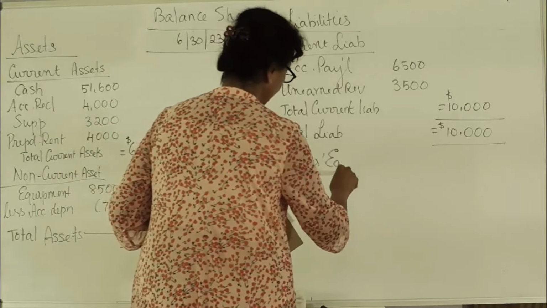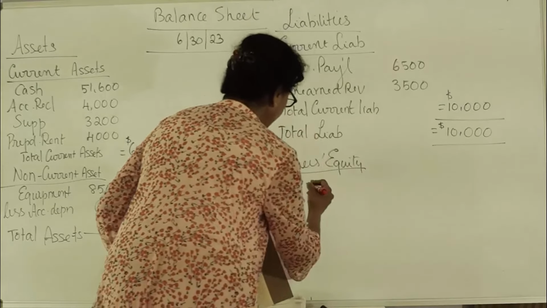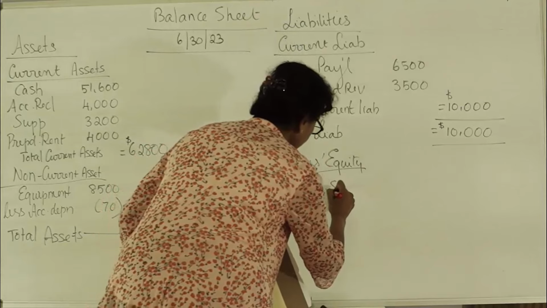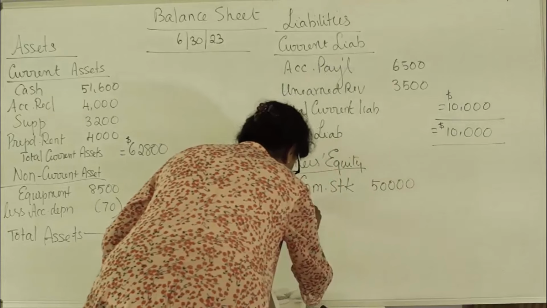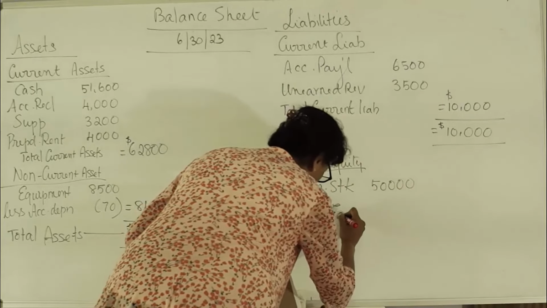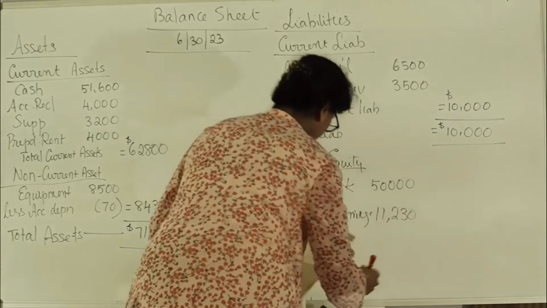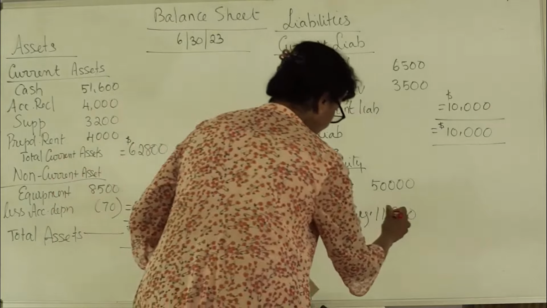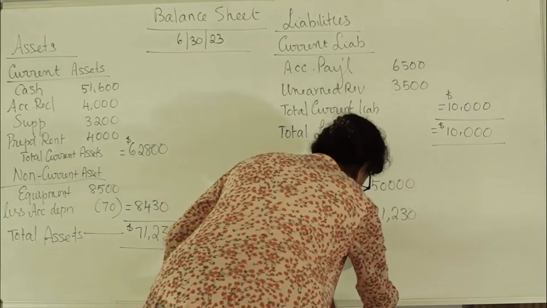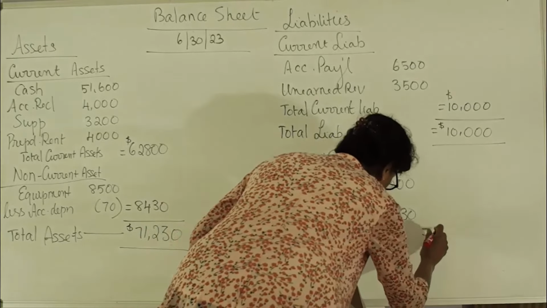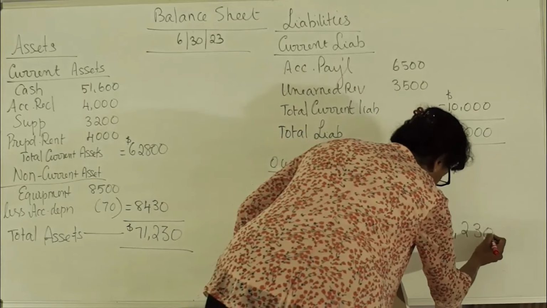owner's equity. You have common stock 50,000 and your retained earnings 11,230. So your total equity equals this plus this, 61,230.